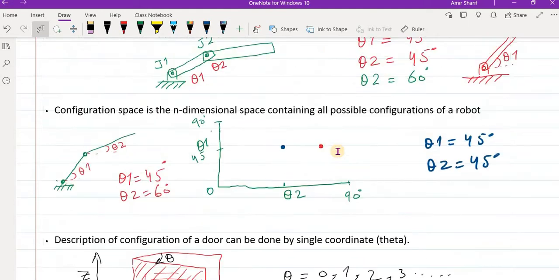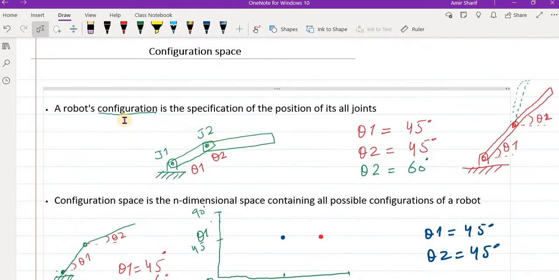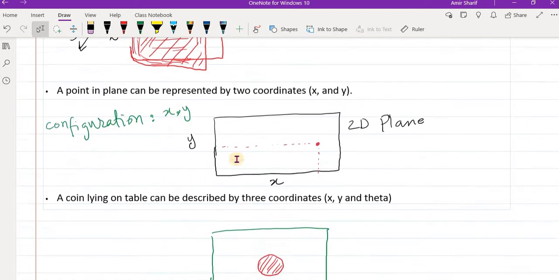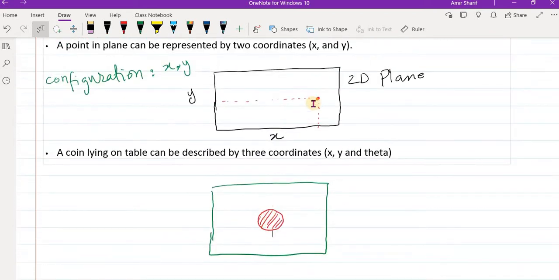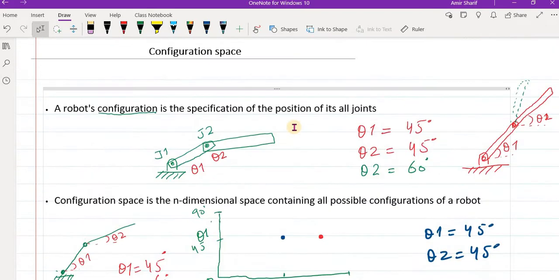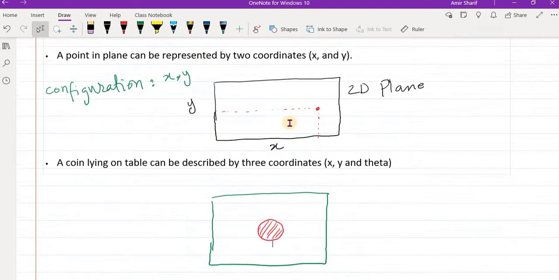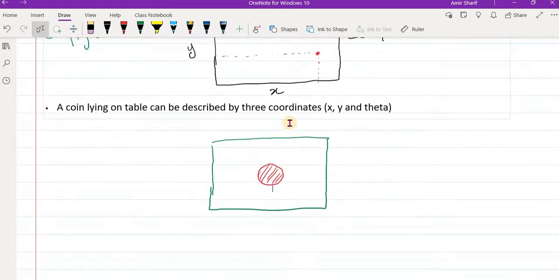again I would like to compare. The configuration is a specification of all the positions of the joints. This was for a robot, but for a common object like this coin or this point, we can say the configuration is a specification of all positions and or orientations.